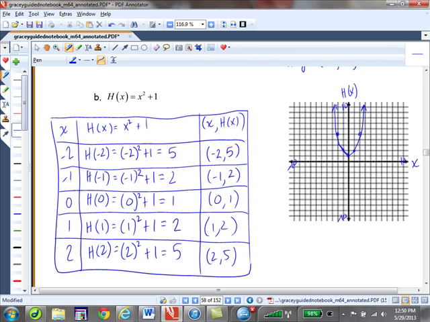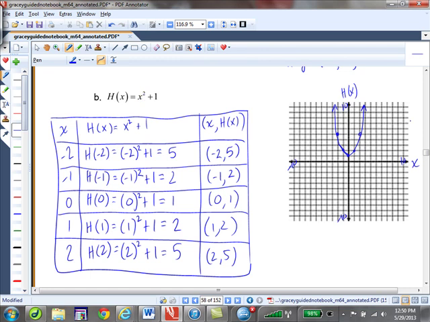If we keep putting in larger numbers, we're going to keep getting larger numbers out. So even though it looks like it's starting to square off, there's no bound on the left or the right movement. And you can always double check by plugging in a value. If I put in 10, do you see I'd end up with 10 squared is 100 plus 1 is 101.